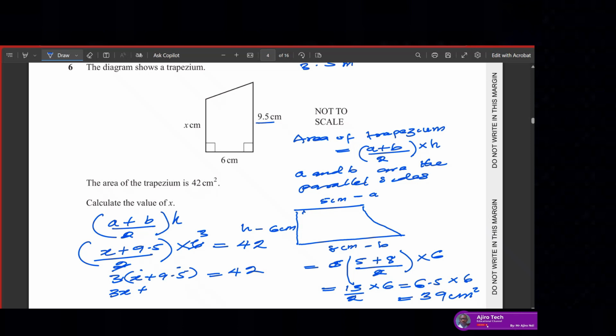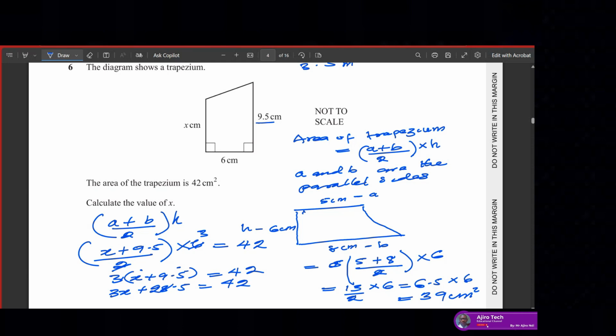So that's how to expand a bracket. So now 3 times 9.5 will give us what? 28.5. So 3x plus 28.5 equals 42.